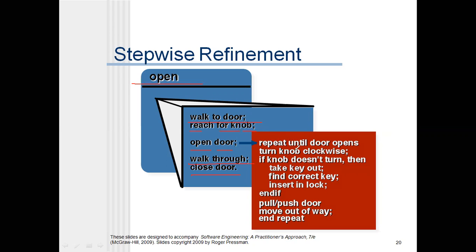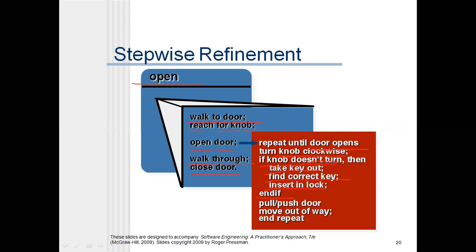Repeat until, I mean, rotate the knob clockwise until the door opens. If the knob does not turn, then take the key out, find the correct key, insert in lock, then end if.